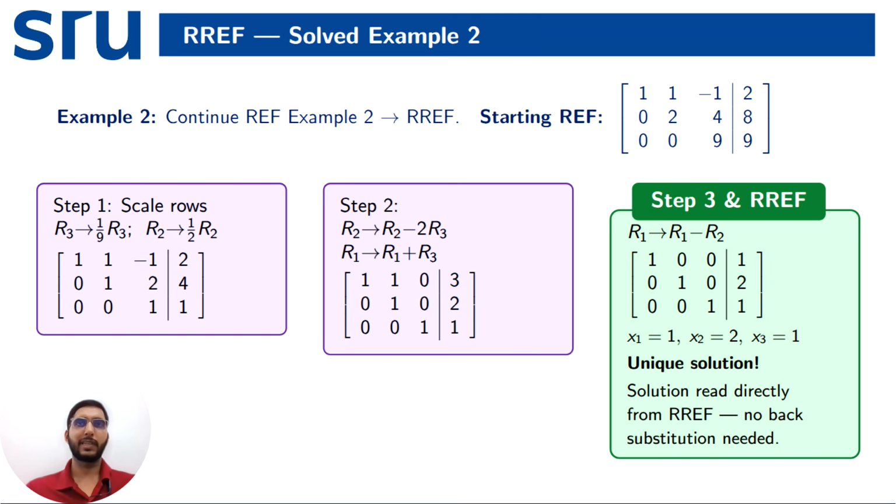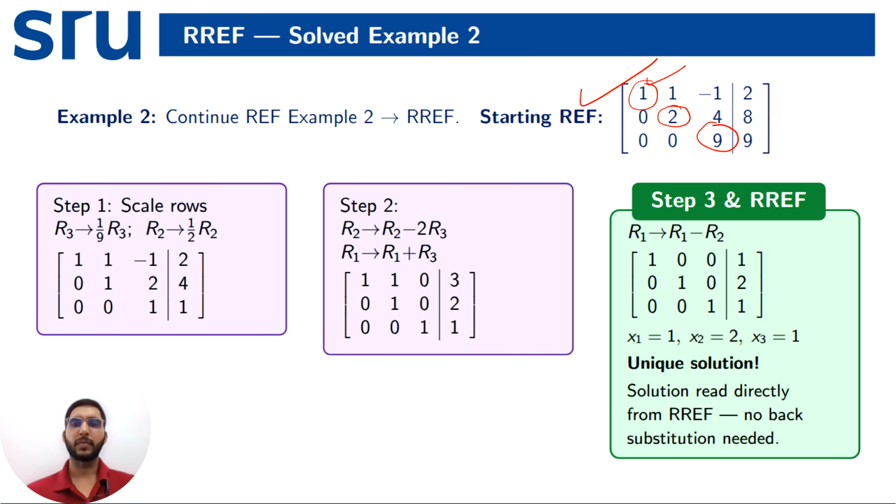So this is example number 2 for RREF. In this example, we again convert the row echelon form into reduced row echelon form. First, we scale rows to obtain pivots equal to 1. Here the pivot entry is 2, here it is 1. 1 is okay, but 2 should be made equal to 1, and here it is 9.